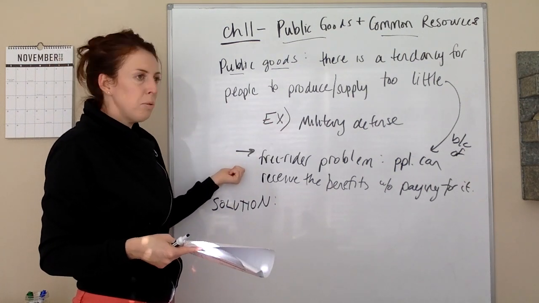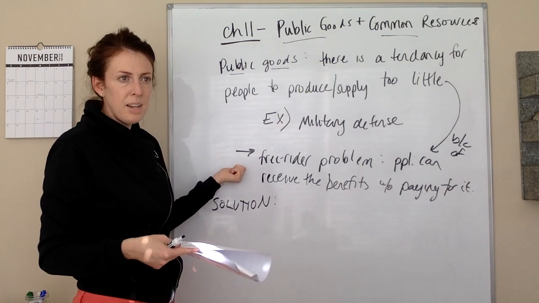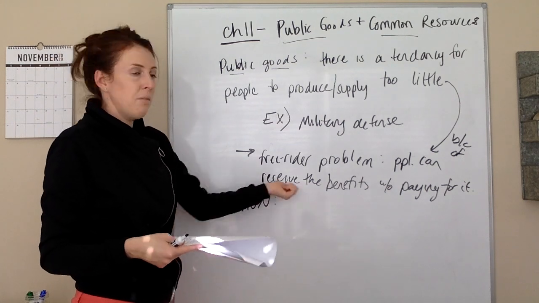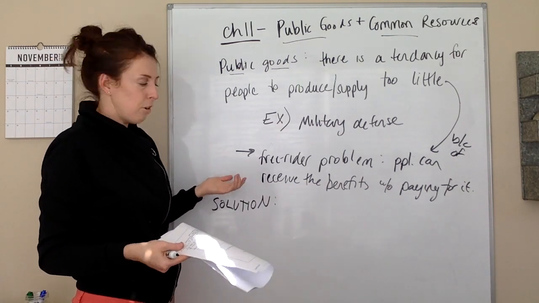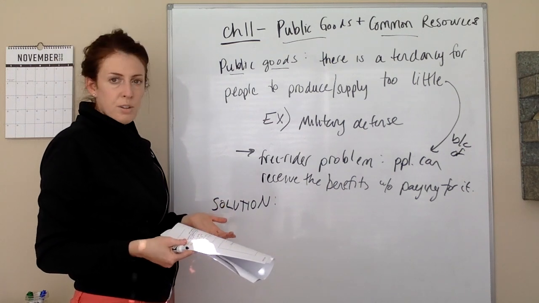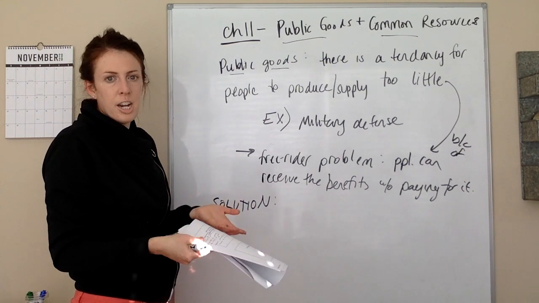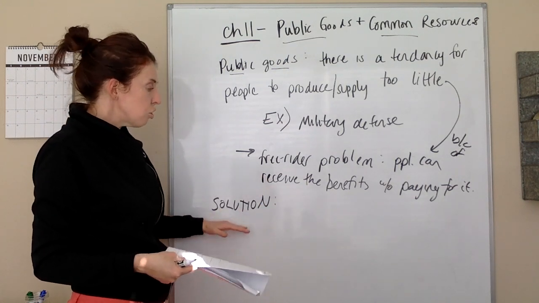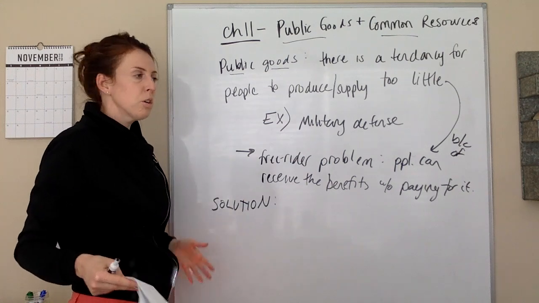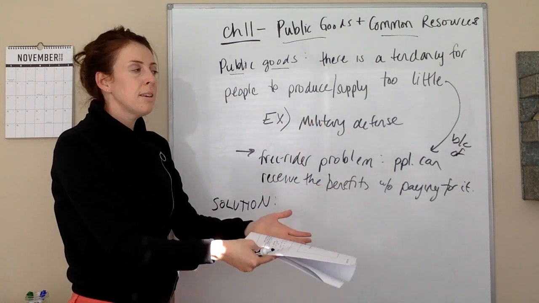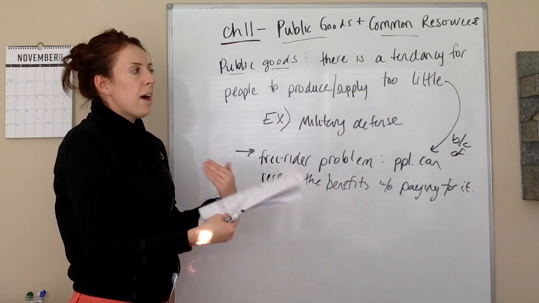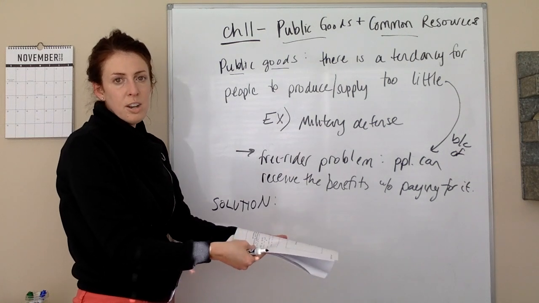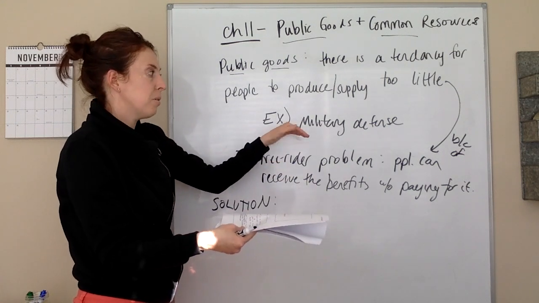There's a free rider problem where as soon as any military service is provided, people can just take advantage of the benefits without paying for it. So we get too little military defense when it's just people individually trying to provide it or kind of set it up on a private market. And so the solution is the government just comes in and says, okay, we're just going to provide military defense, because without us providing it, the country is going to have too little military defense provided.